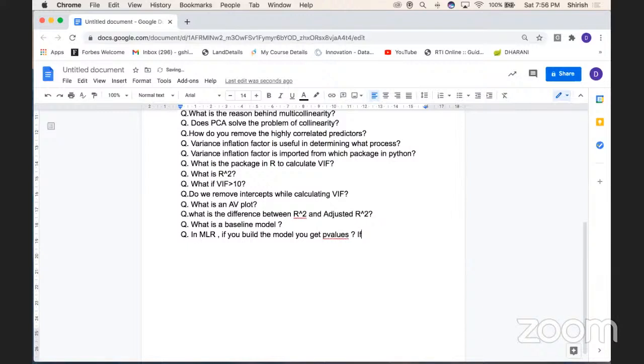If the p-value is greater than 0.05, how shall we proceed? How shall we proceed for that?